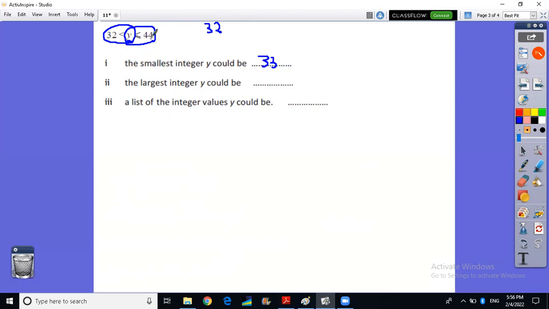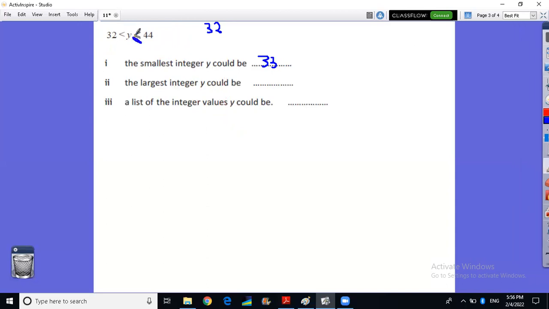So it can be equal to 44, Mr.? Yes, this is what the inequality says. Look at this line, it is put there. So since it can be equal to 44, 44 here is the largest integer that y could be.